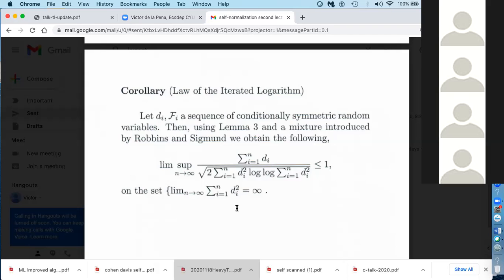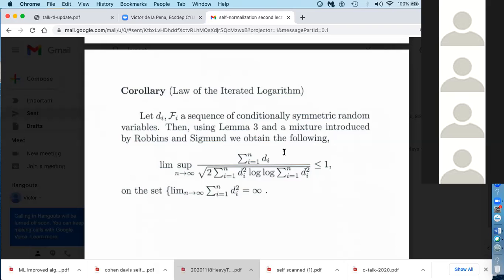So I'm going to give you a self-contained two-page introduction to the theory of decoupling, which then allows us to understand this new LIL without any moment or dependence assumptions or conditional symmetry for arbitrary variables. Then you can, for example, plug in sums of IID Cauchy variables, and the lim sup of the sum of IID Cauchy variables over the square root of 2 times the sum of X_i squared times log of the sum of X_i squared is less than or equal to 1.